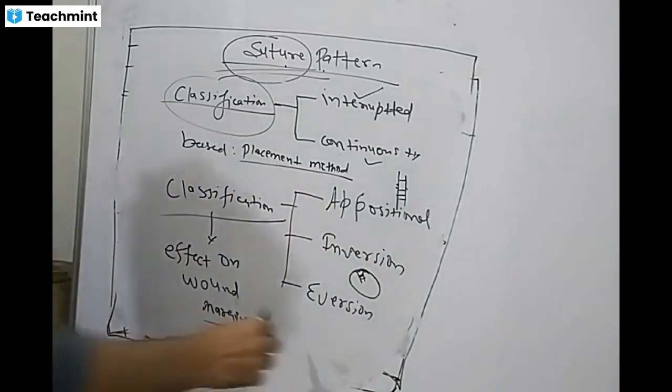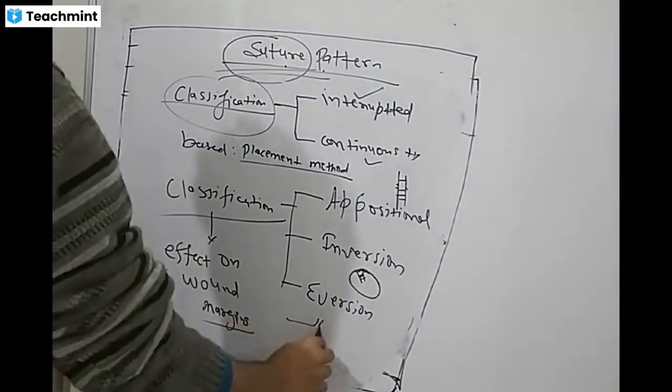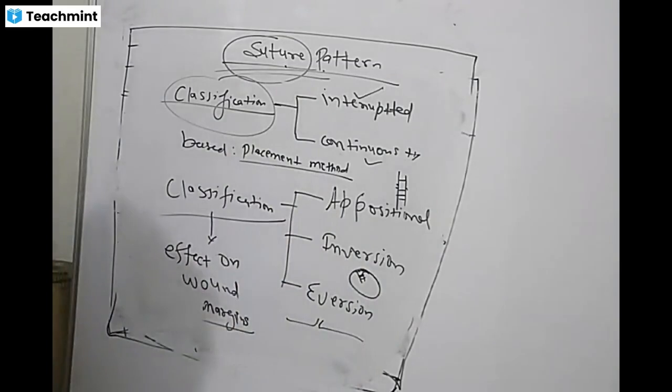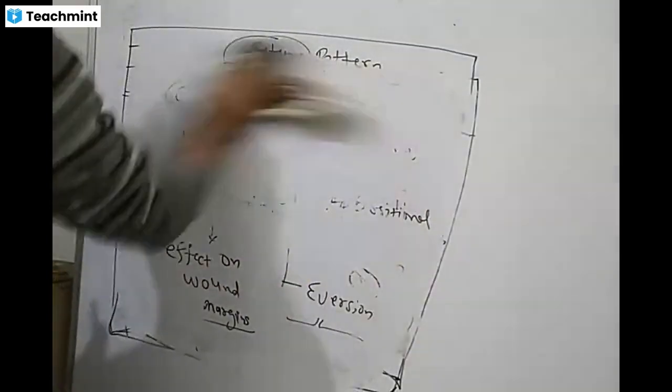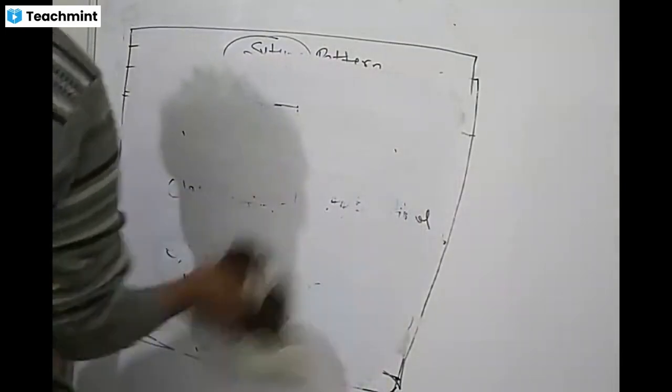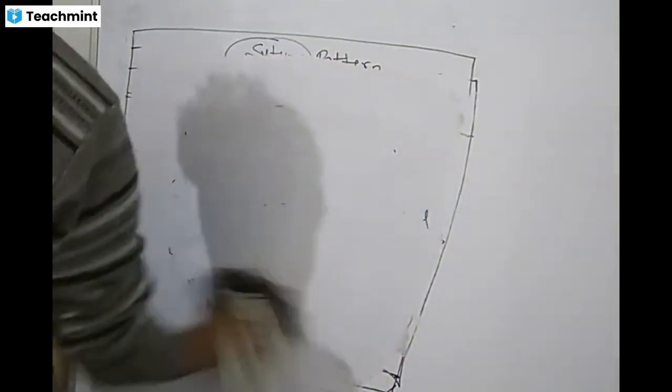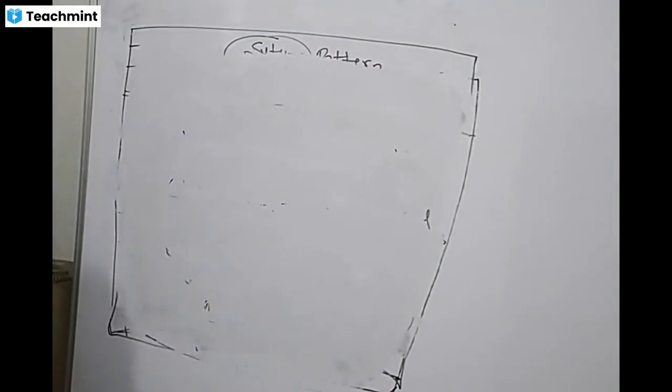Eversion is where they are facing away from the lumen. So these are the two basic or broad classifications of suture patterns, the first being interrupted and the second continuous.